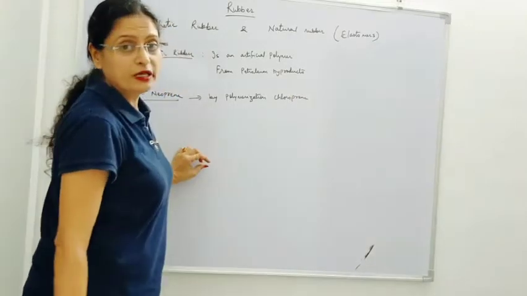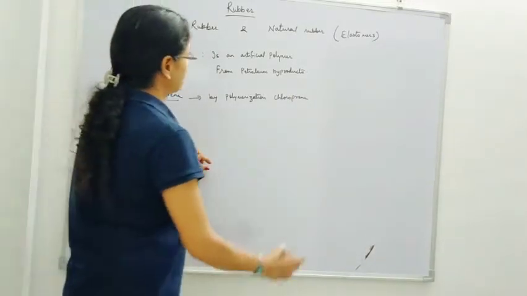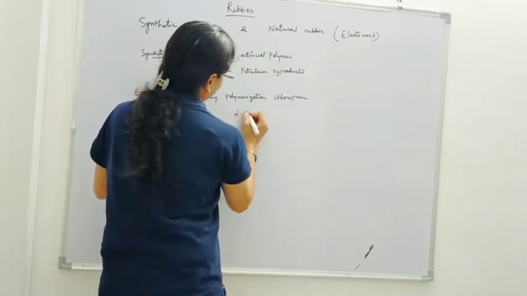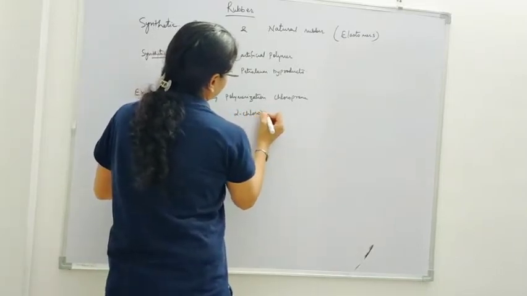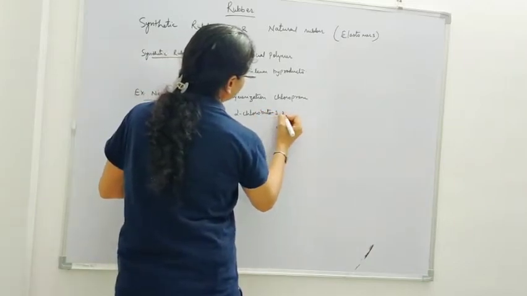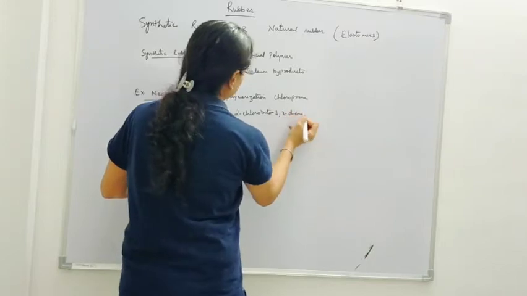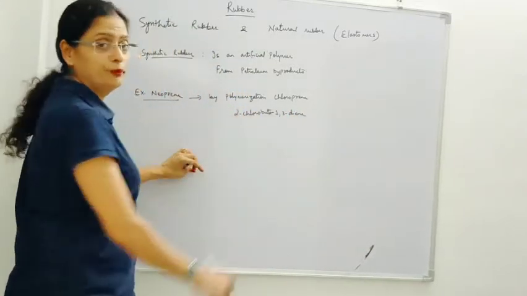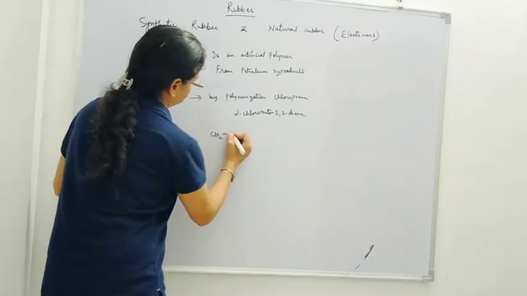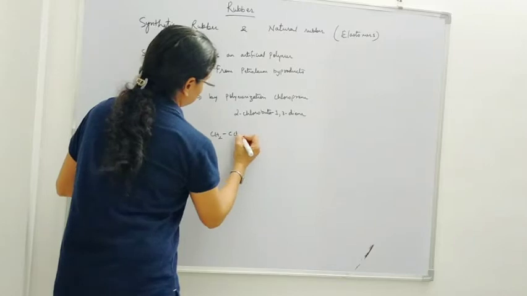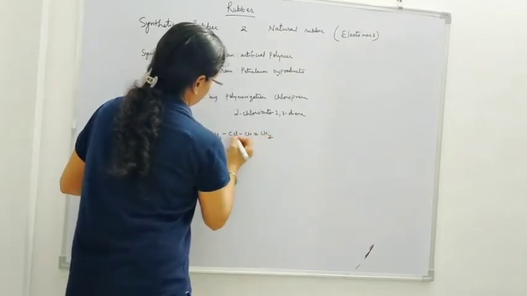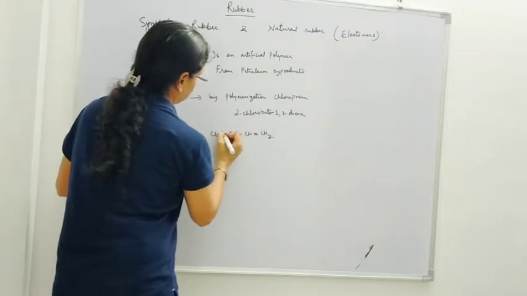Now what is chloroprene? The IUPAC name of chloroprene is 2-chloro-buta-1,3-diene. So look at the structure of 2-chloro-buta-1,3-diene, that is CH2, buta-1,3-diene.